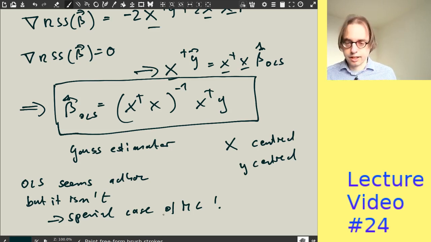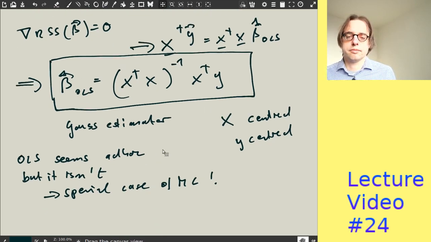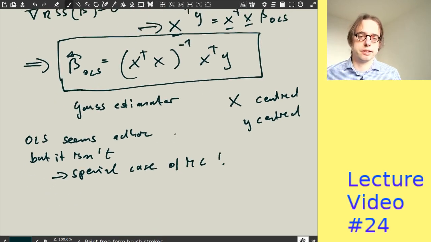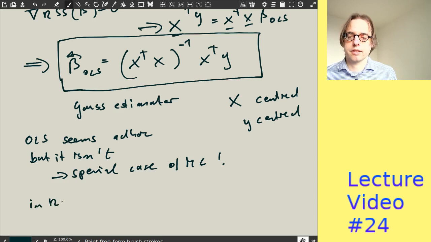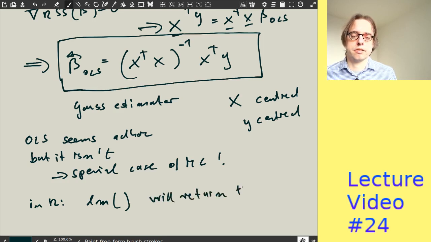So let's continue. Now you know how to do it in practice: when you run lm in R, it will return the above estimator.